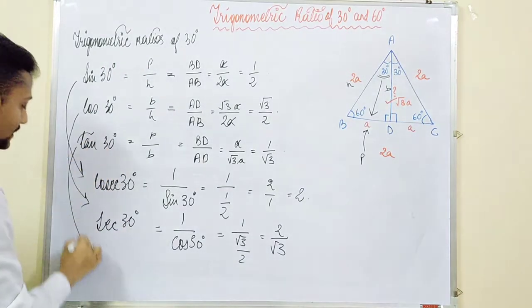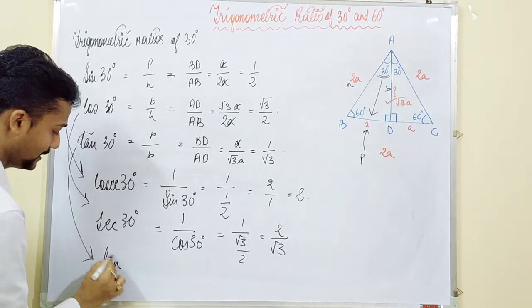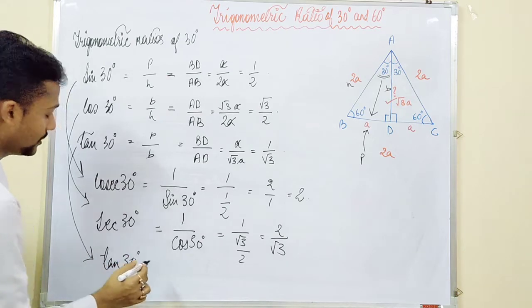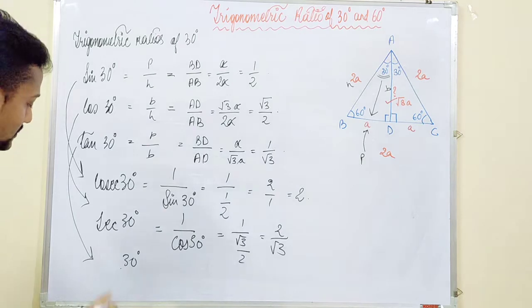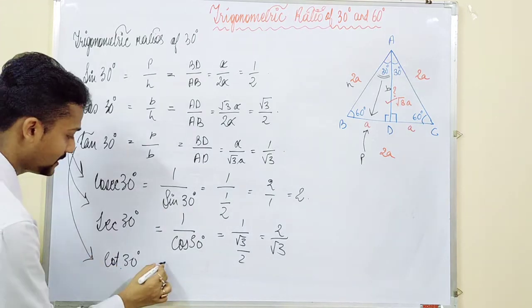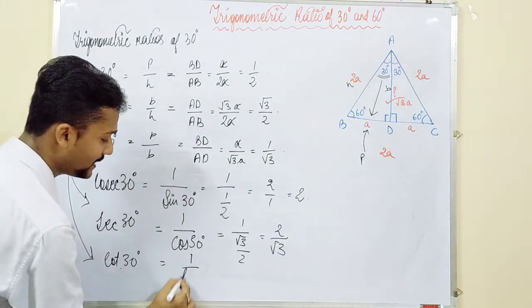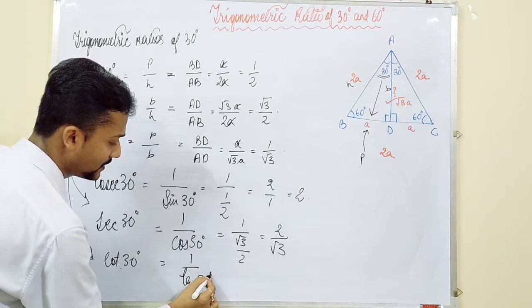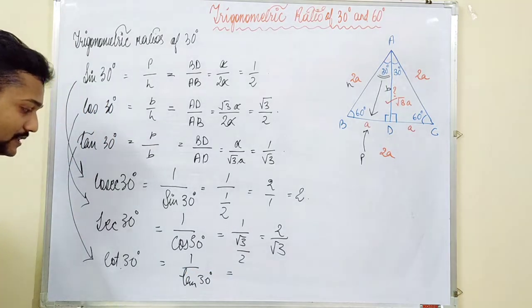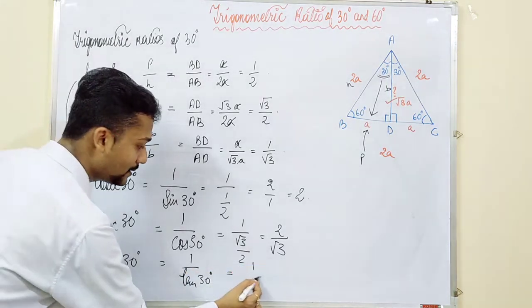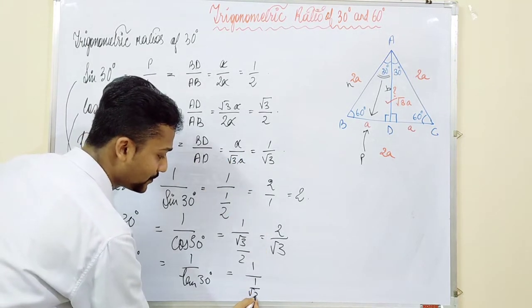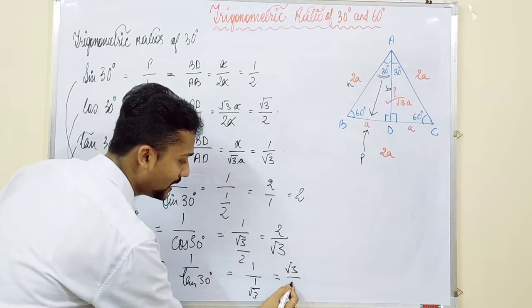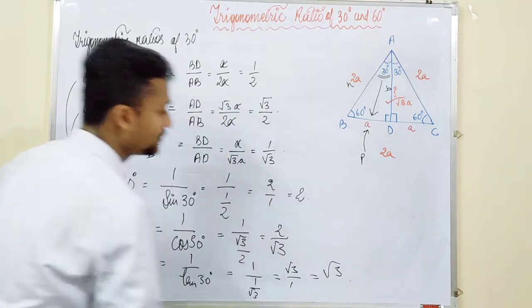Next, cot 30 degree is equal to how much? 1 by tan 30 degree, isn't it? 1 by tan 30 is equal to 1 by 1 by root 3, so it will be root 3, isn't it?